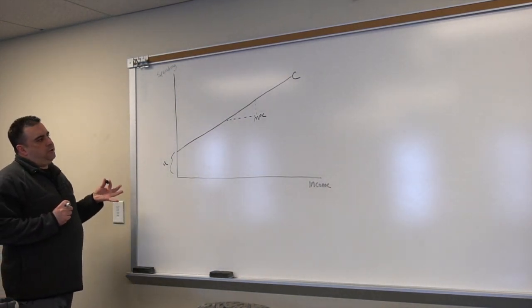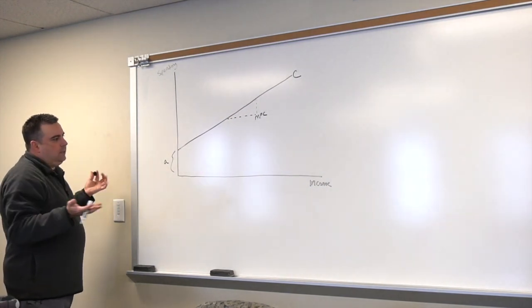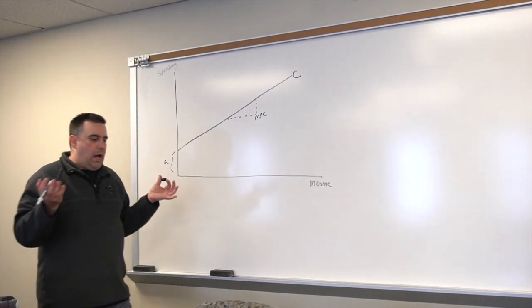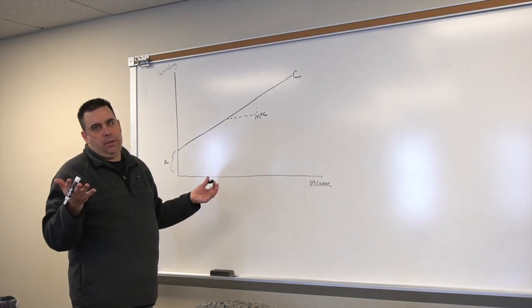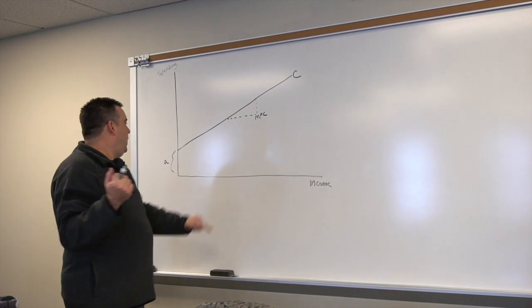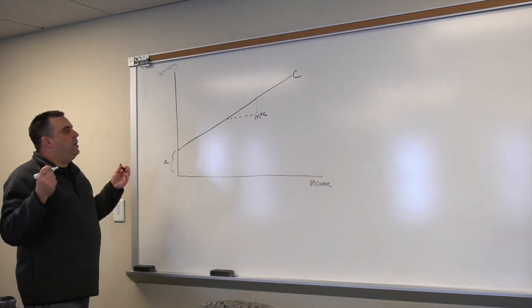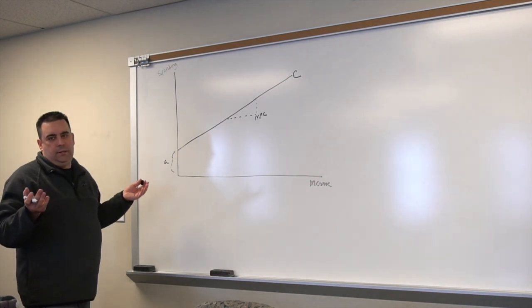What I want to do first, though, is come up with an equation for this, right? This is a line. I need an equation for a line. So I'm going to use effectively slope-intercept form, because I have a mathematical interpretation for slope and for the intercept. So I want to combine these together.